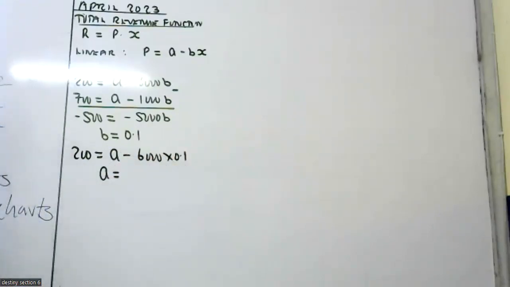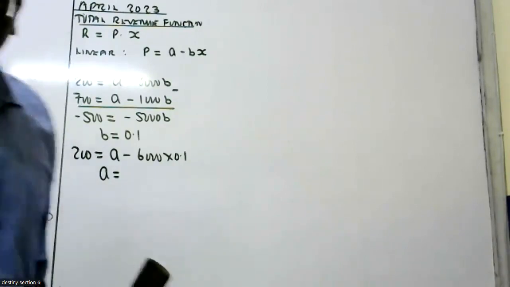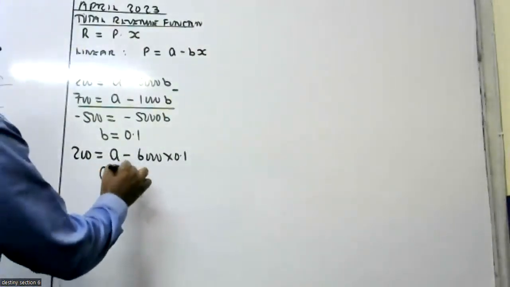So tell me the value of A. Tracy, I've not seen anything from you. Yeah, 800. This is 800.